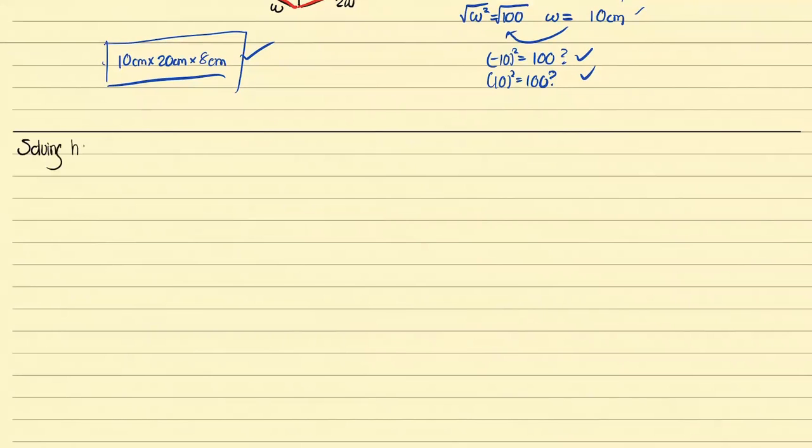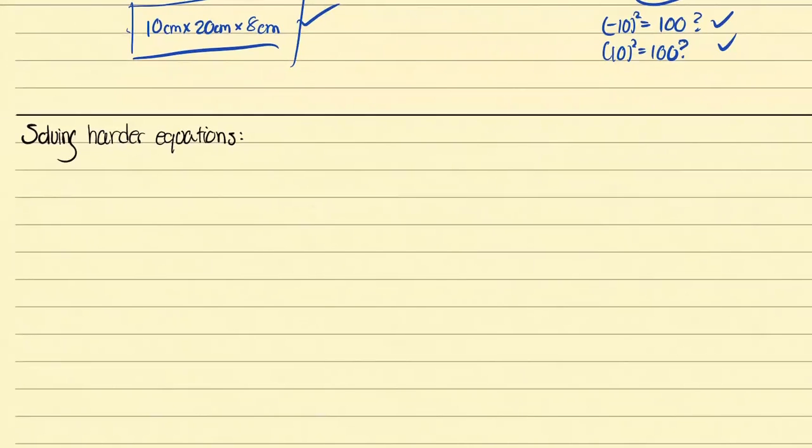Solving harder equations. I'm going to do a couple examples, and I'm going to tell you what the takeaway from solving any question similar to that will be. So as an example, 1 over p plus 1 over q is equal to 1 over f. Solve for f.